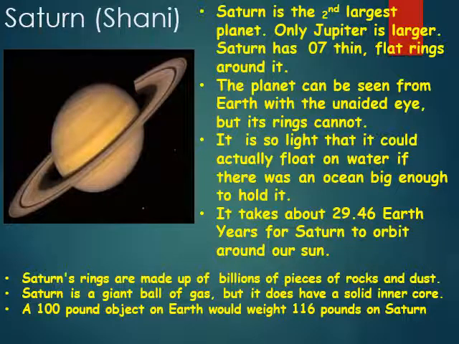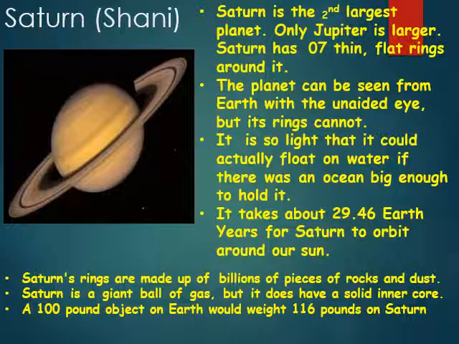Saturn, also known as Shani. Saturn is the second largest planet. Only Jupiter is larger. Saturn has 7 thin, flat rings around it. The planet can be seen from Earth with unaided eyes, but its rings cannot be seen. It is so light that it could actually float on water if there was an ocean big enough to hold it.